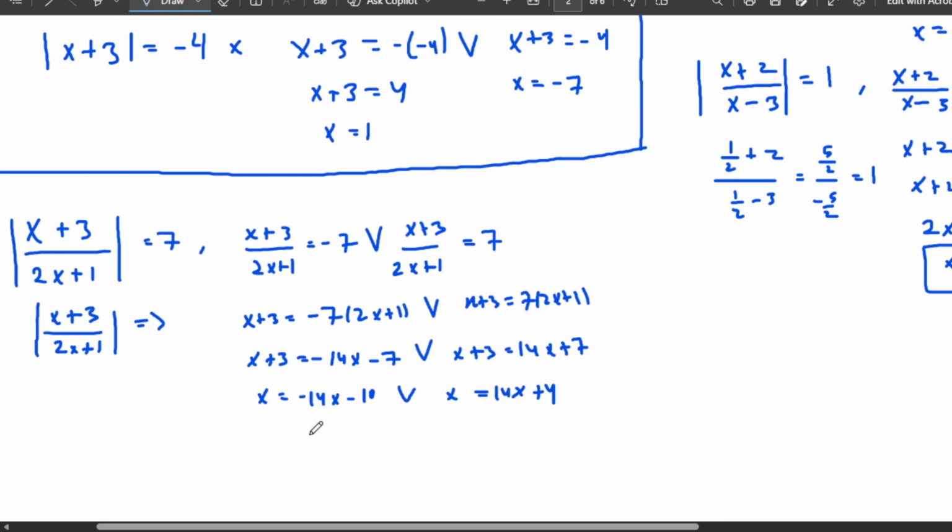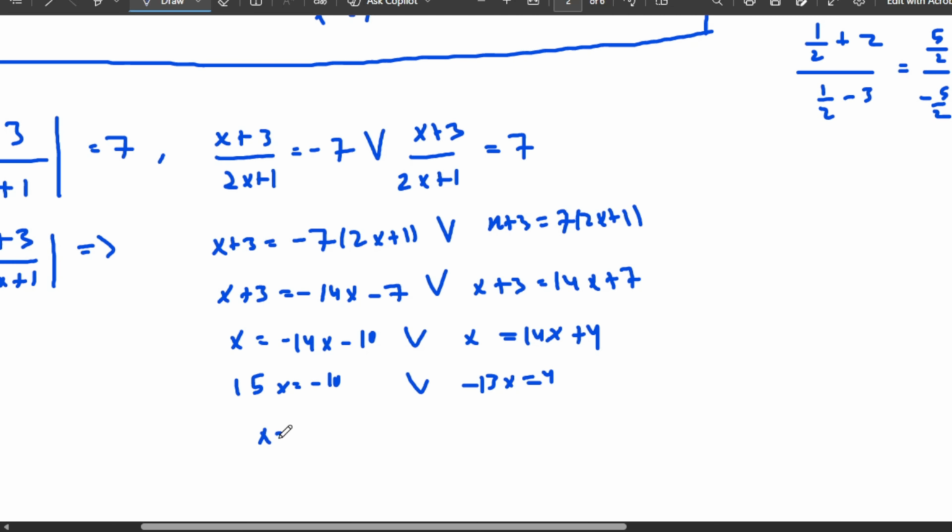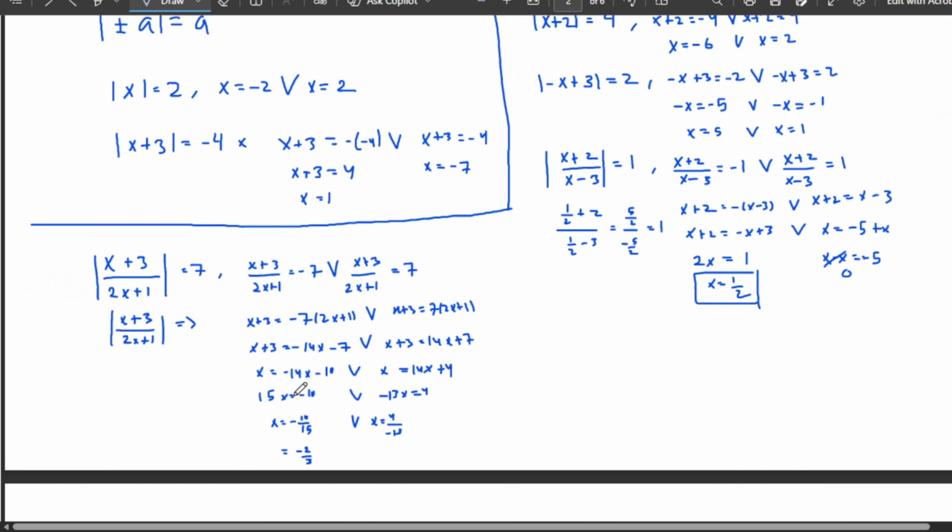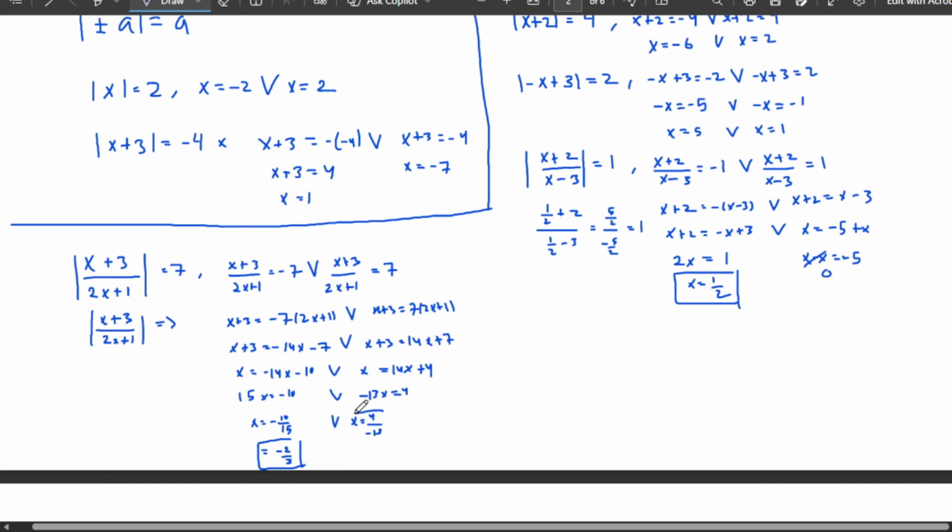Then move x to the other side. We have 15x equals negative 10, or negative 13x equals 4. Then x equals negative 10 over 15, which is negative 2 over 3, or x equals 4 over negative 13. That's it for this question. So there are two possible answers for x.